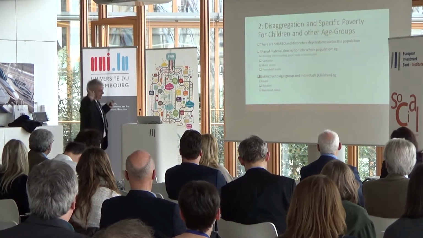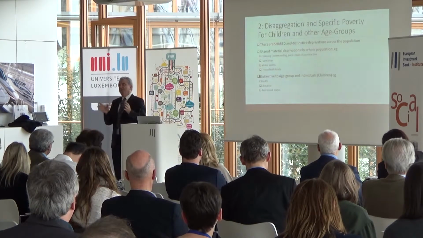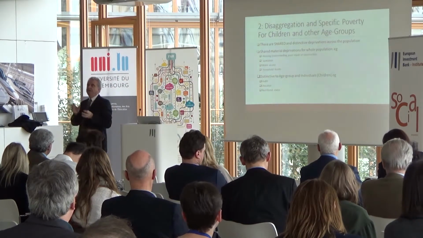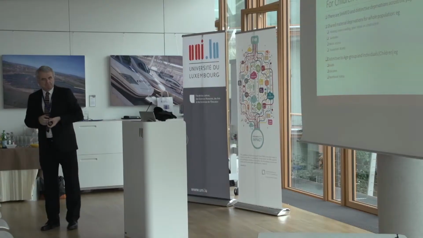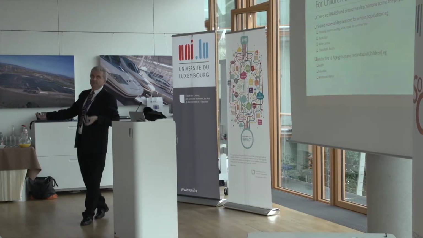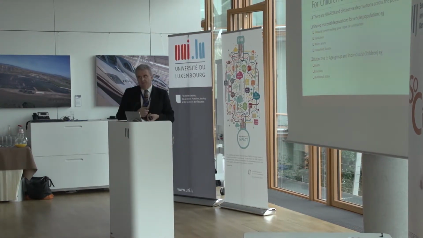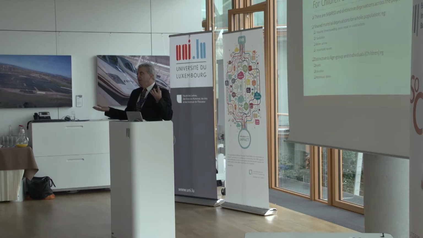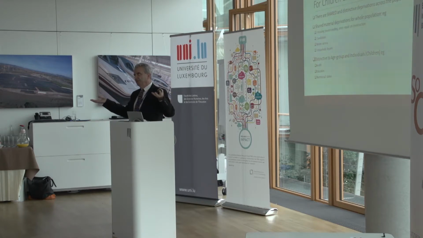So my second suggestion, remember we have to identify poverty in all its dimensions for men, women and children of all age groups. And we have to do it in multidimensional terms. There are things that every member of the population has that can be shared as a poverty characteristic.